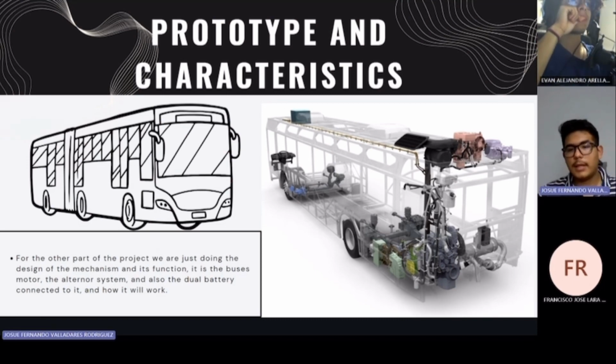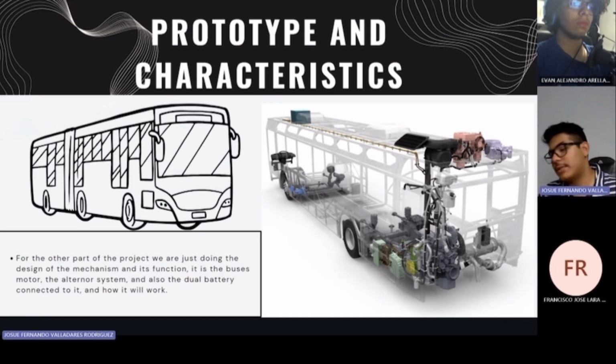So as the bus keeps moving through the city, it generates more energy because the alternator is bigger, and this energy is going to be stored inside the other batteries that can work as emergency batteries, but the main function of them is that at the end of the day, the bus is going to go to the bus central, and the energy is going to be stored for the city.